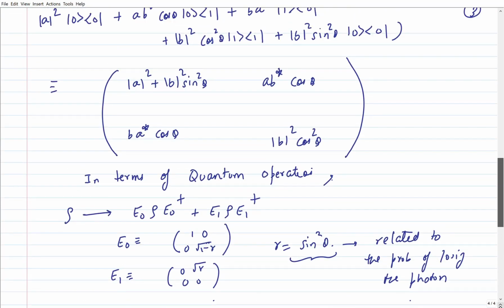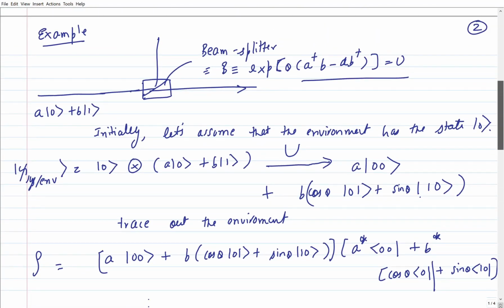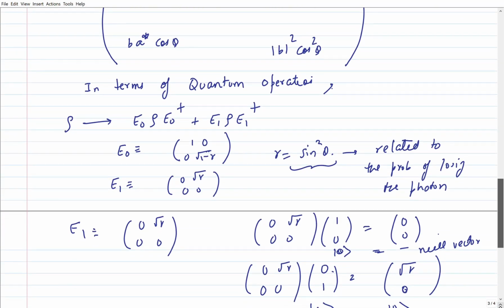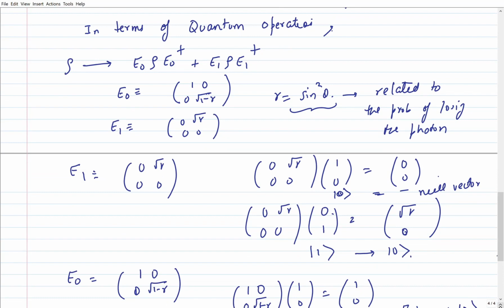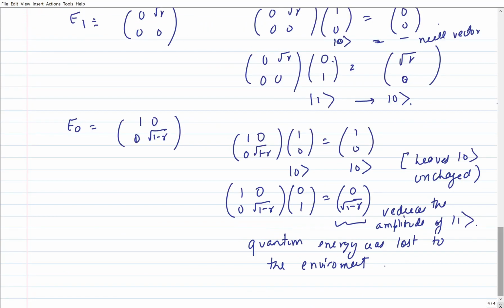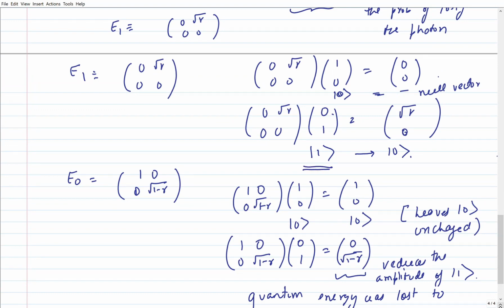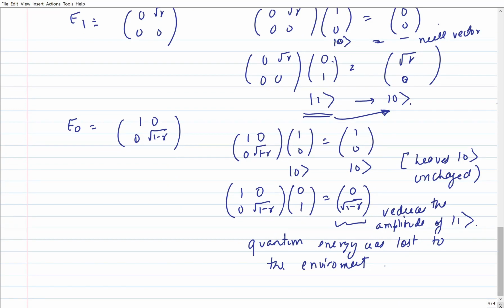We gave one concrete example of it when I had a photon going through an interferometer, and I could model the system as a photon interacting with the environment, and the operation elements were either changing 1 to 0 or they were reducing the amplitude of state 1.